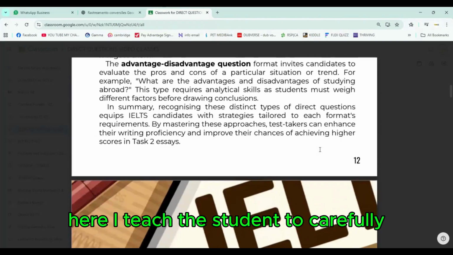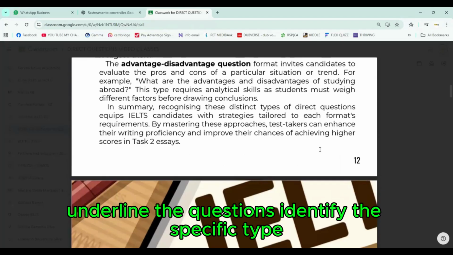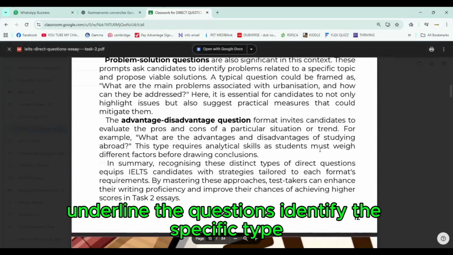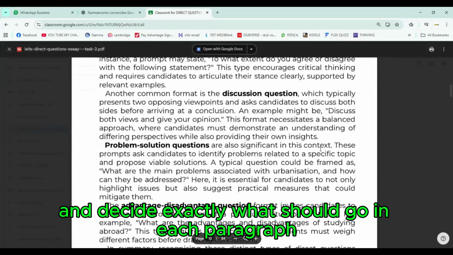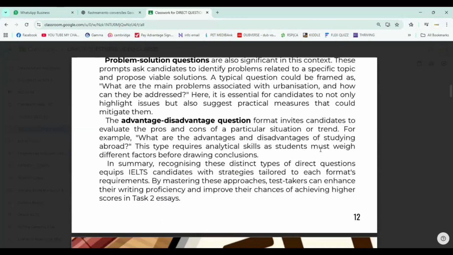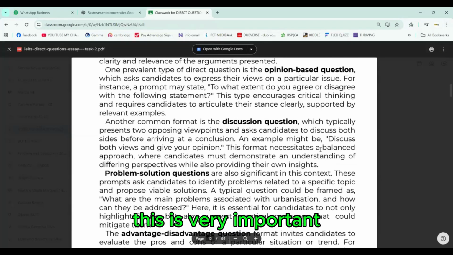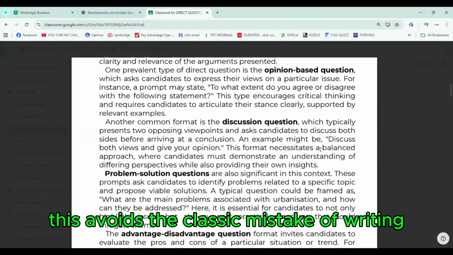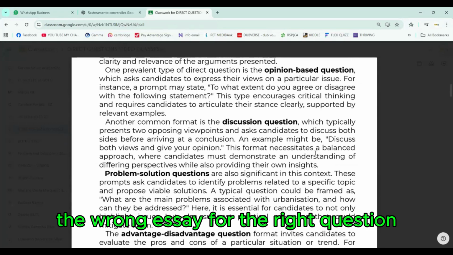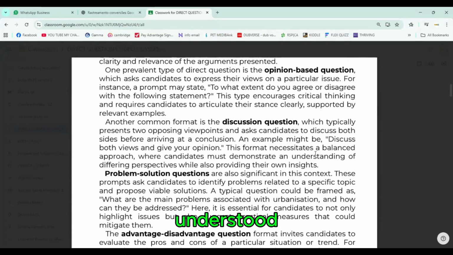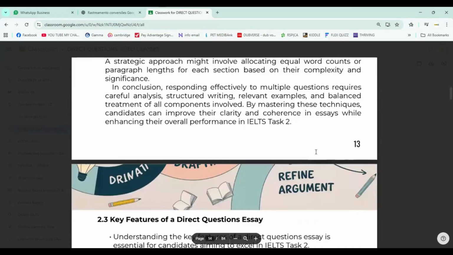Here, I teach the student to carefully underline the questions, identify the specific type, and decide exactly what should go in each paragraph. This is very important. This avoids the classic mistake of writing the wrong essay for the right question. Understood? Let's go to page 16.